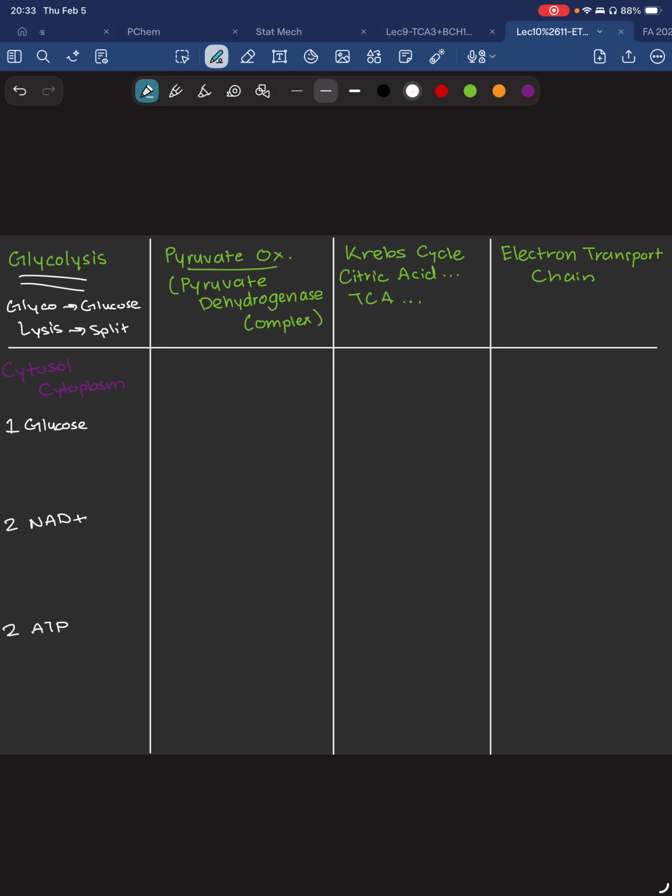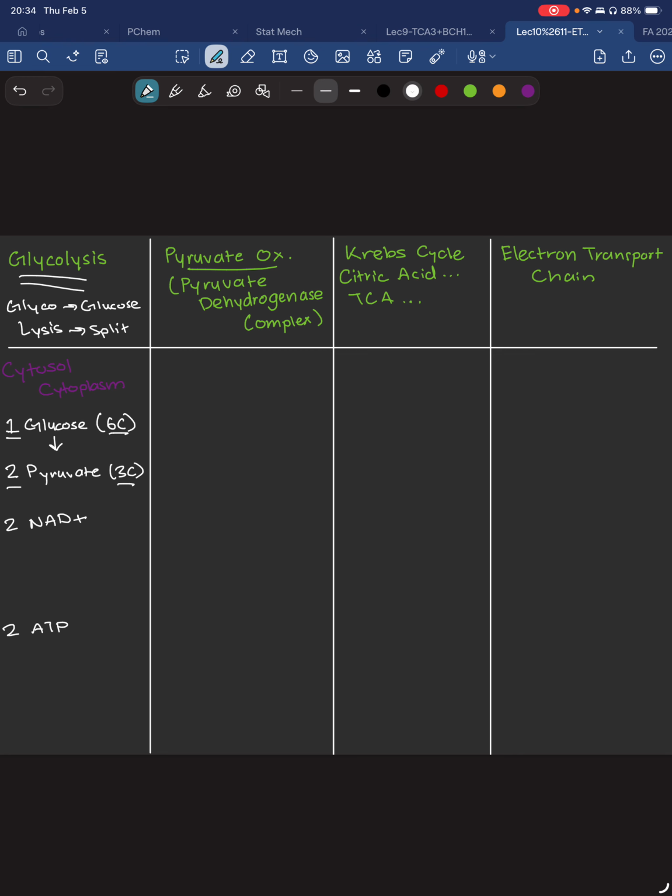Okay, so now what? Well, glycolysis, its purpose is to split sugar, right? So this glucose, which is actually a 6-carbon molecule, is going to get processed and split into 2 pyruvate. Pyruvate, a 3-carbon molecule. And you can do the math there. 1 times 6, this is the same as 2 times 3, right?